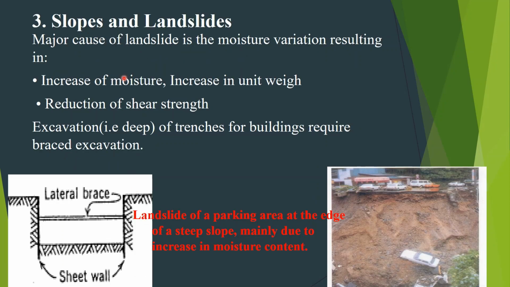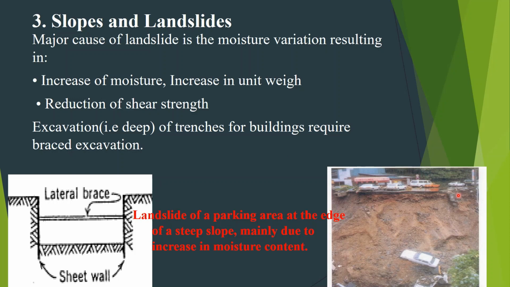We have slope and landslide. The major cause of landslide is moisture variation, resulting in an increase of moisture and unit weight and a reduction of the shear strength. With a reduction of shear strength and an increase of moisture content, we obtain the landslide.